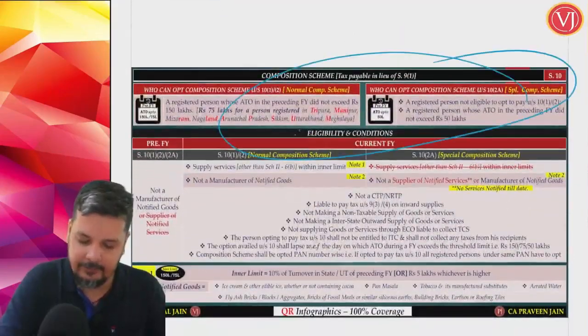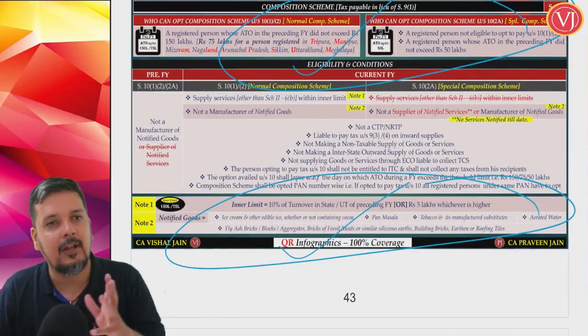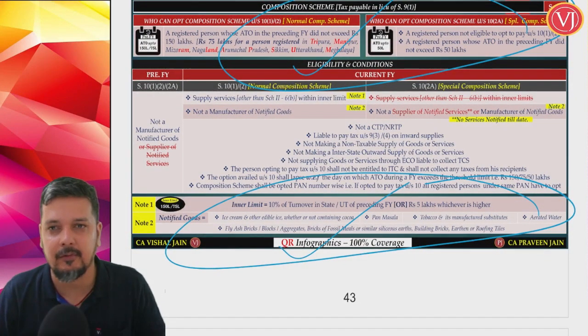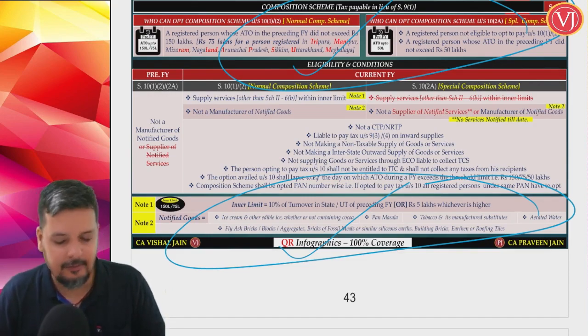The second page of this chapter, major portion done. Only a small theoretical, conceptual portion is left out.